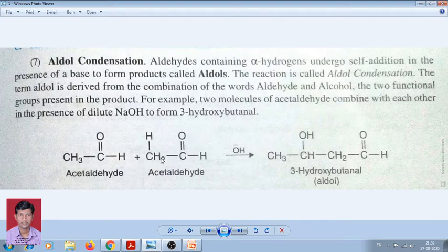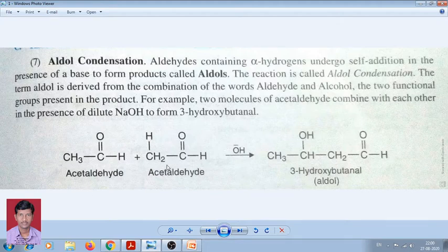The same is here, because both are the same molecule: this is the alpha carbon and there are 3 hydrogens on it.